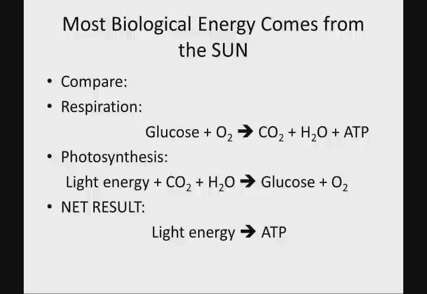Oxygen on the left in respiration cancels out oxygen on the right in photosynthesis. CO2 and H2O the same way. What you get then as a net result is the light energy from the sun is the energy in ATP. All right? That's important. That's a vast, vast simplification, a summary overview of basic biochemistry of planetary systems.